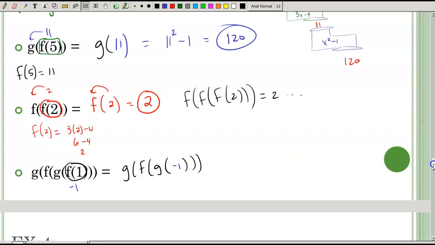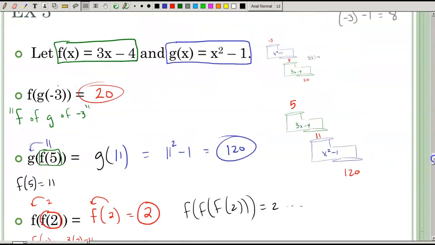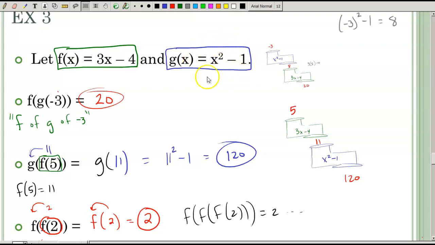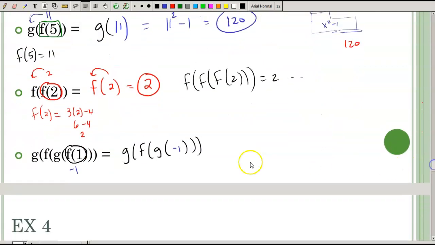I'm not going to write out all this work, but if I plug in negative 1 into g, that'd be negative 1 squared, which is positive 1. Minus 1 is 0. So g of negative 1 is 0. So this becomes a 0.